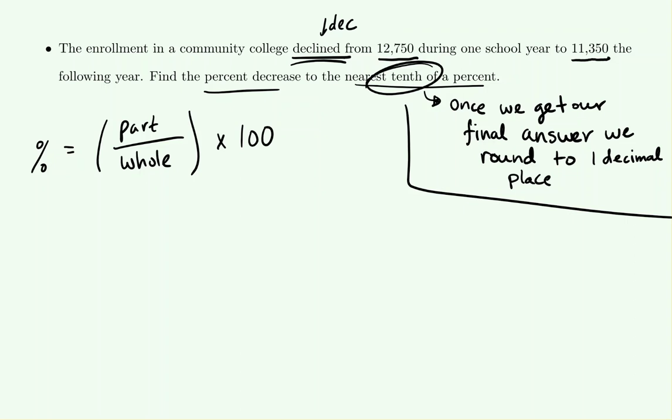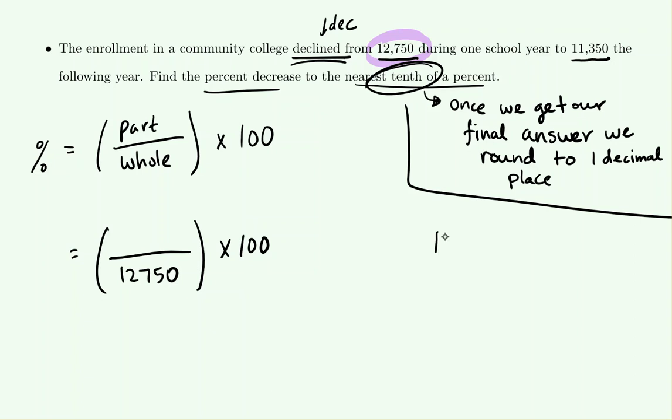Now, the whole is always the original point. We originally started with 12,750. And we know we're going to multiply by 100. Now we just need to find the part. The part is based on the change from one point to the next.